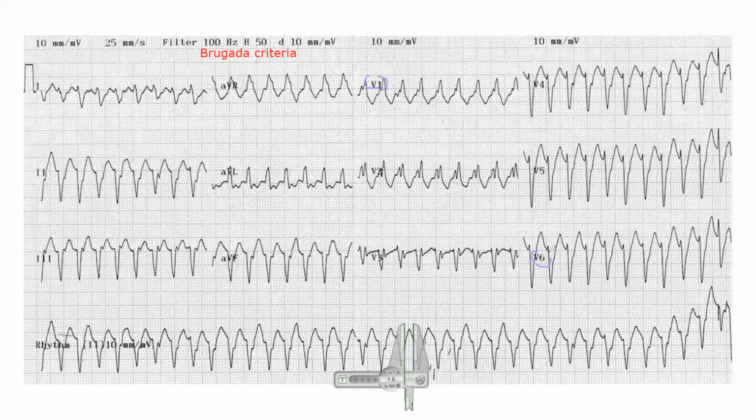Are all the complexes going in the same direction? No. Okay.